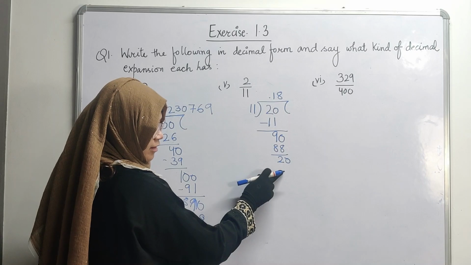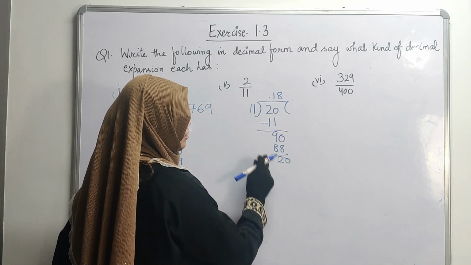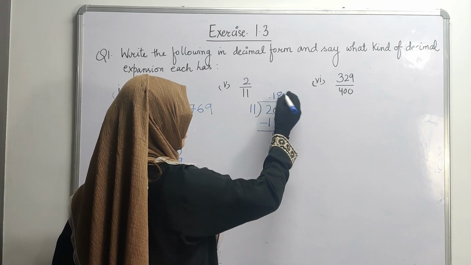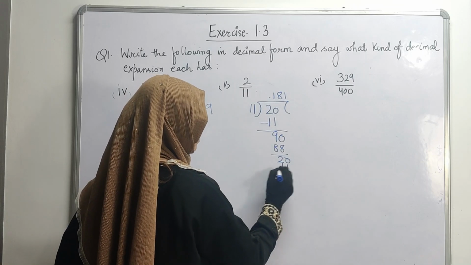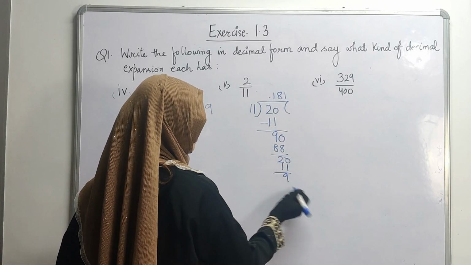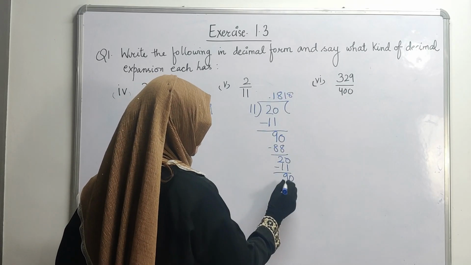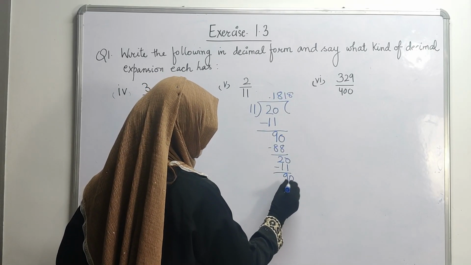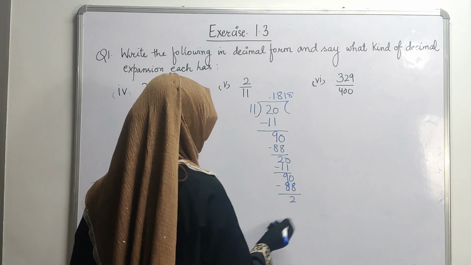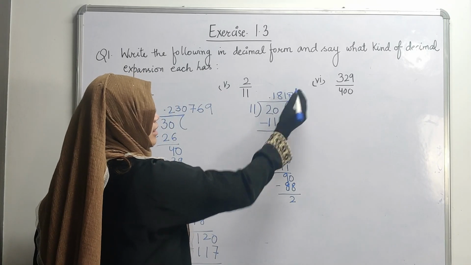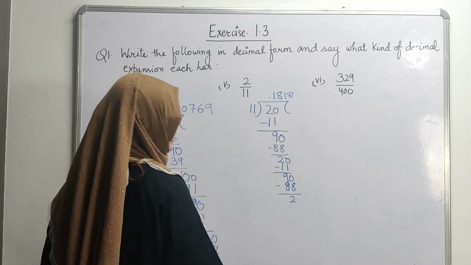See, here you get 2 after 2 divisions. Let us do one more time division. 11 ones are 11. It will become 9, 8, and so on. So in the answer, what you will get is 1818 repeating.